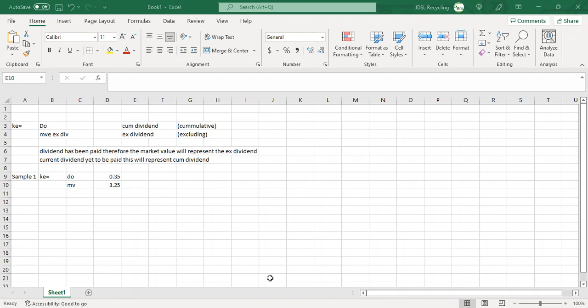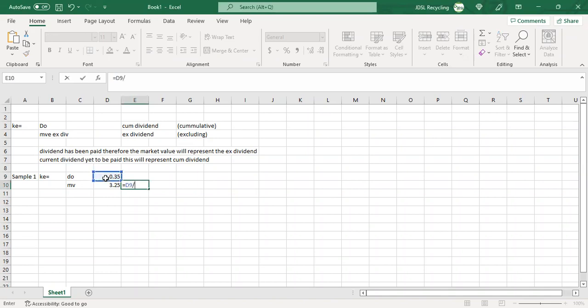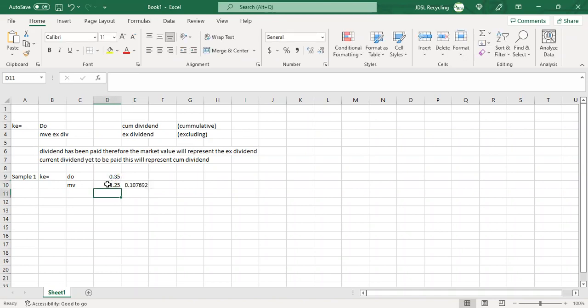So we have 0.107. That's our cost of equity. Let us move on.